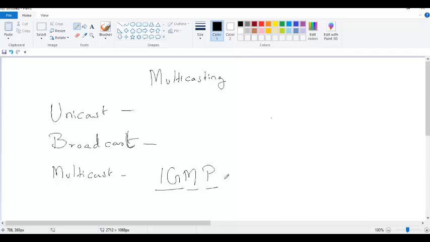Using this group management protocol, we can give a second address for the device that wants to be part of a group.